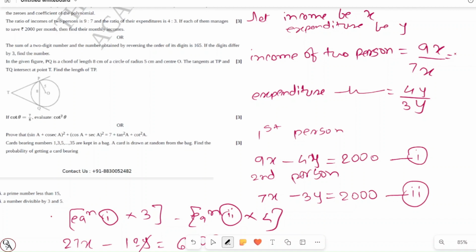So here 9 into x, 9 2s are 18,000, and 7 2s are 14,000, which is the monthly saving of the second person. So 18,000 for the first person and 14,000 for the second person is the monthly income of that person. Okay, so we will solve the next question.